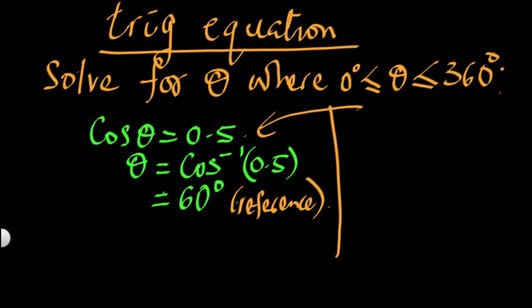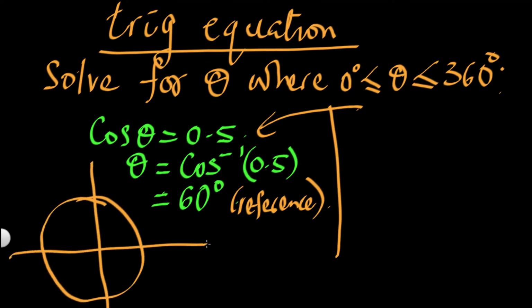From our CAST diagram, let me just draw a sketch of a CAST diagram. When we did trigonometry, you will know this diagram, where we say this is quadrant number 1, quadrant number 2, quadrant 3, and quadrant 4.